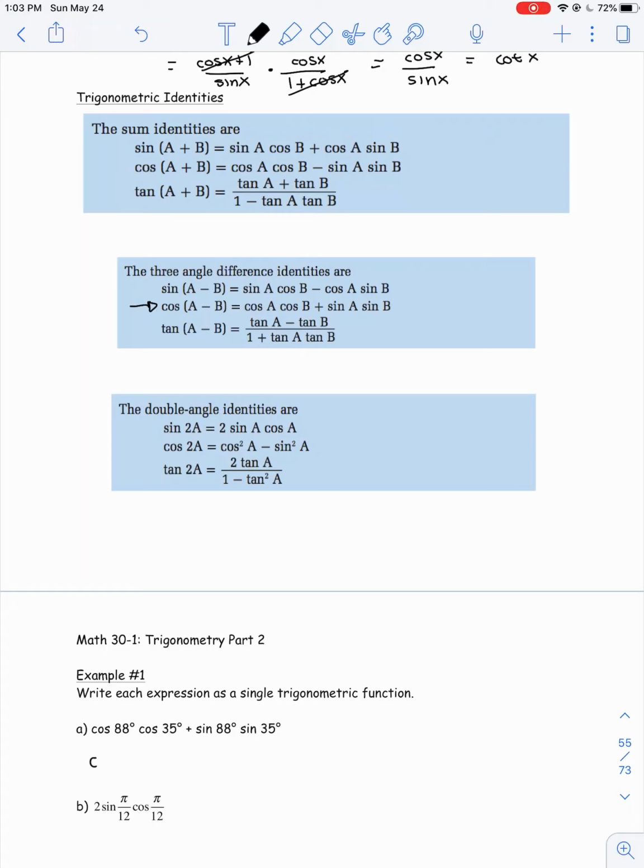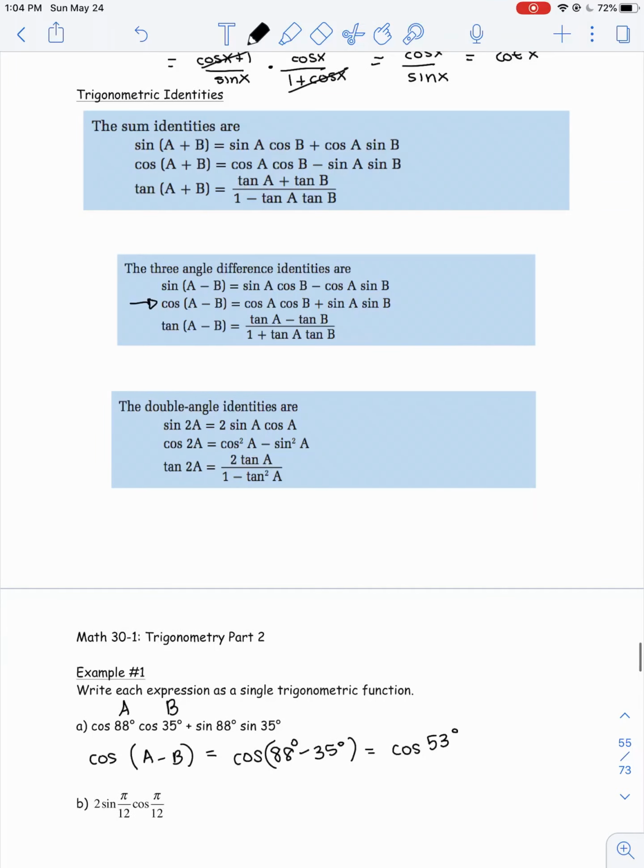We're going to write it as cos, this is going to be angle A, and this is going to be angle B. So it's going to be cos of angle A minus angle B. That's cos of 88 minus 35 degrees. In your calculator, 88 subtract 35 is 53 degrees. So that would be the single trig function that could replace it.